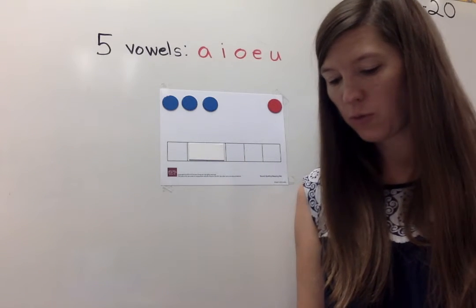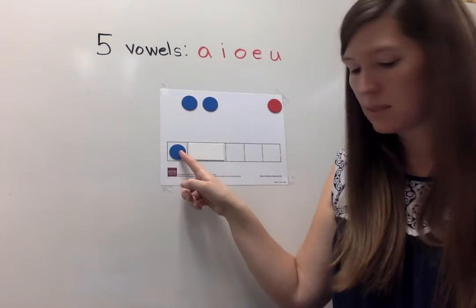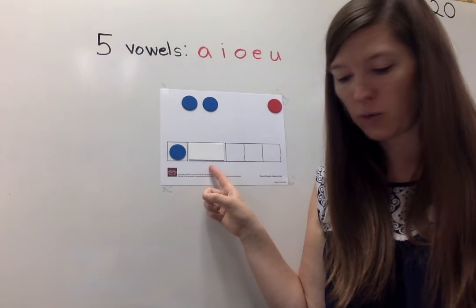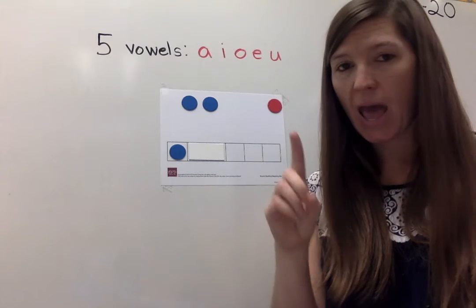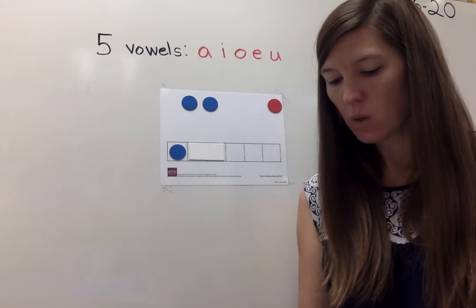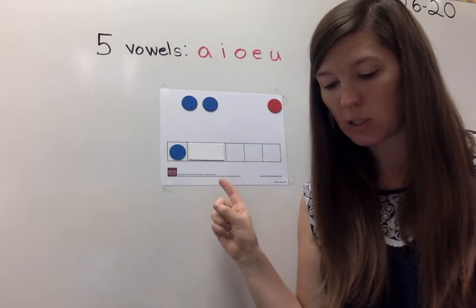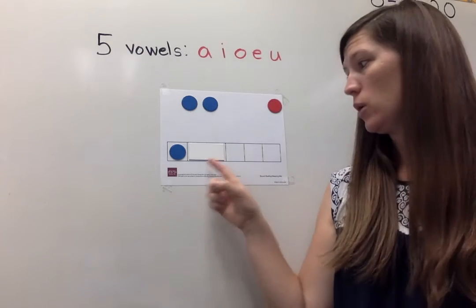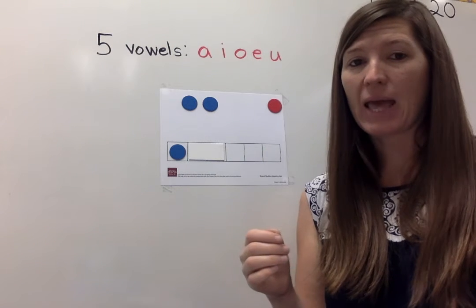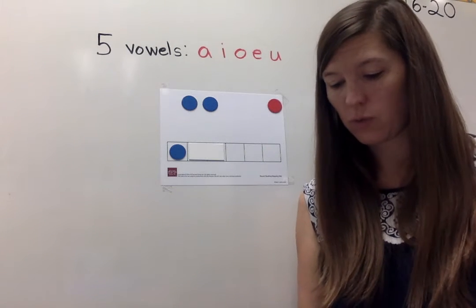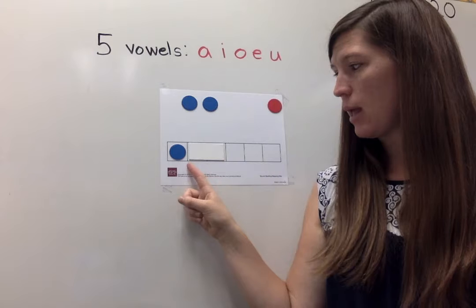A blue chip for S. A white rectangle for the phonogram am that covers 2 boxes for the 2 sounds. The white rectangle chip is used because it is pronounced with a nasal sound. So the white rectangle chip is for the nasal sounds. Am, an. Let's review. S, am.